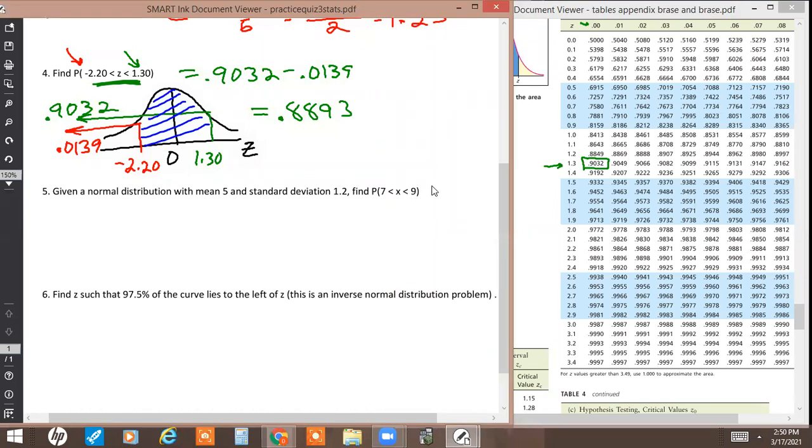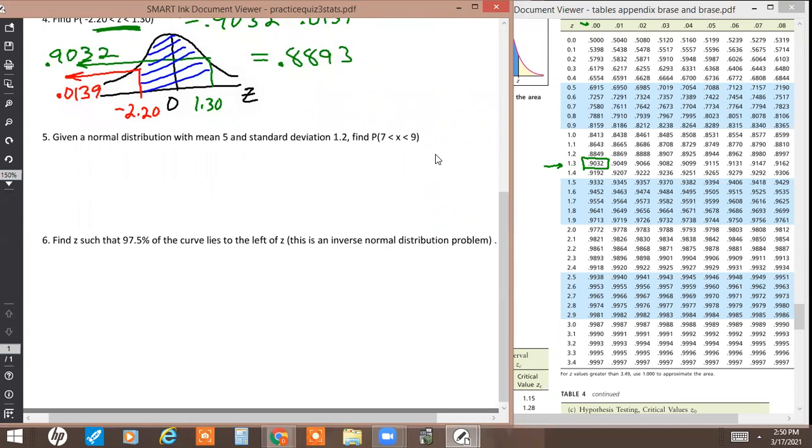Problem number 5. If you're doing this using the chart without the graphing calculator, you're going to have to be able to change the x values to z values. And we already did that in a previous problem, right? So the probability 7 is less than x is less than 9 is going to equal the probability that, now we're going to standardize the 7 and the 9.